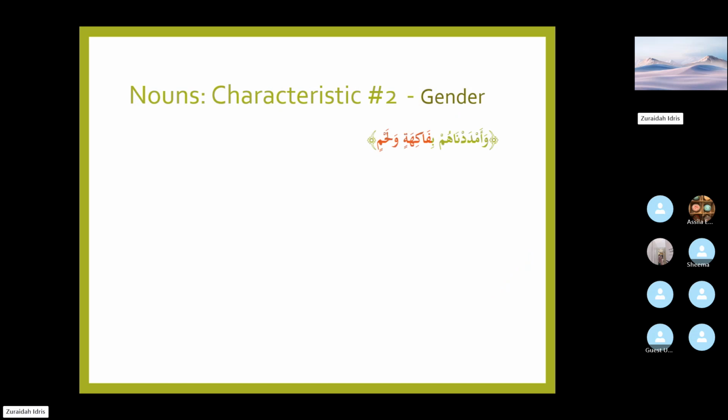Right. Now I want to do an exercise here. Sister, what is isim jins you said? Isim jins is kind. Like flowers is one type of jins. Like I said, ants, bees. The surah, the elephant, Al-Fil.